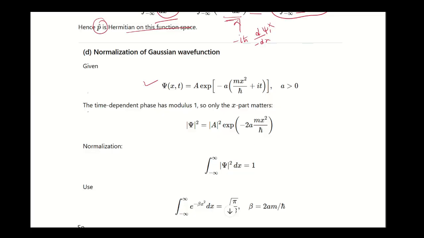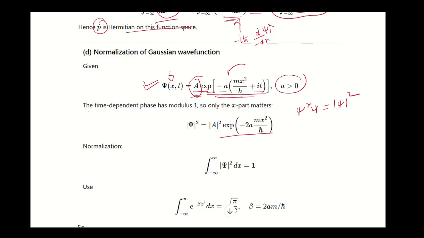The function is given this way, that is A is a constant term, then exponential of minus a m x squared by h cross times (1 plus iota t). Here a is given as a positive quantity. Obviously we can see the wave function is a time dependent function. If we take the square, psi star psi is nothing but the magnitude of psi squared. So we can take the magnitude of this. Then there is a real part and an imaginary part.